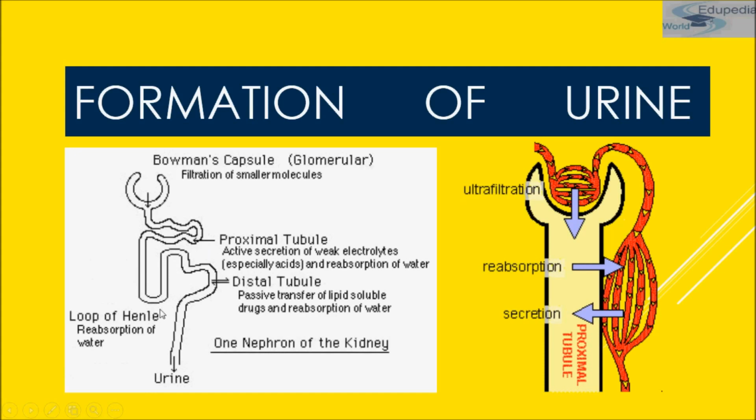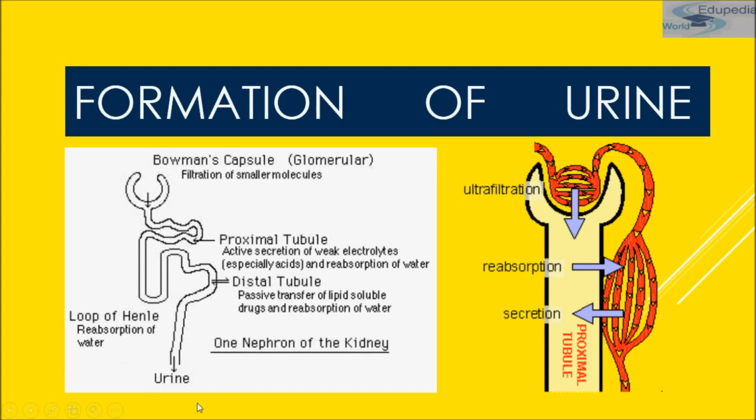And then comes the distal tubule. In this, passive transfer of lipid soluble drugs and reabsorption of water takes place. And then comes the loop of Henle, in which reabsorption of water takes place.